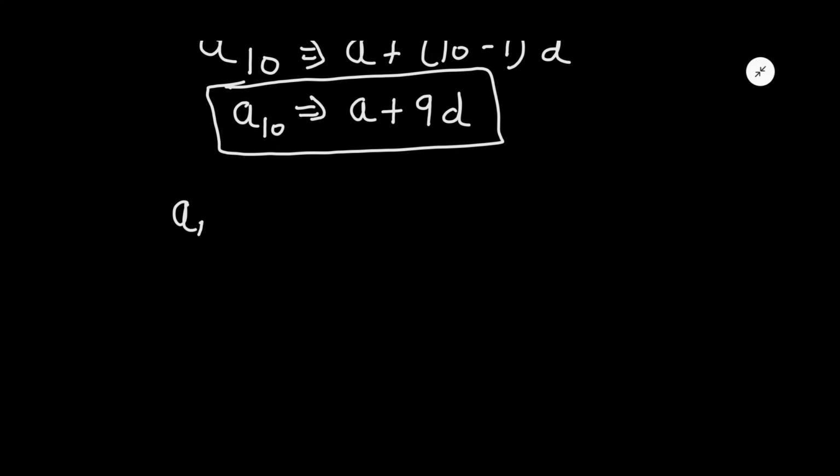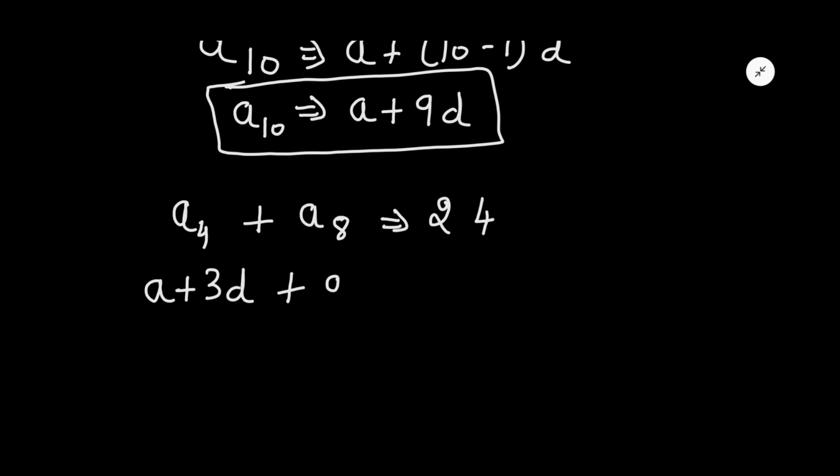As the sum of fourth term and eighth term is given as 24, we already found a4 and a8. a4 is equal to a plus 3d and a8 is equal to a plus 7d, which sum to 24. A plus a is 2a. 7d plus 3d is equal to 10d.